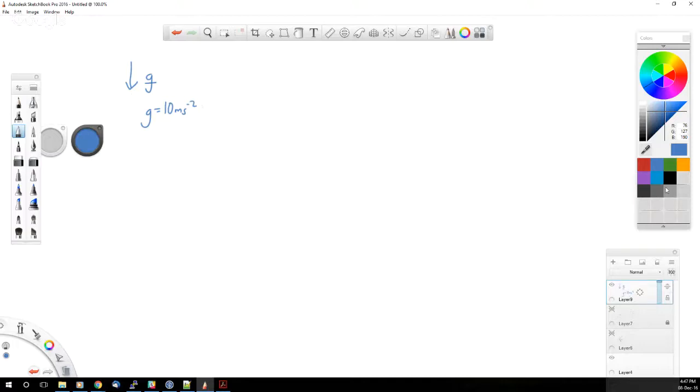I'm going to define my positive axes here, because we have something falling, so it makes sense to have my y direction being positive downwards.